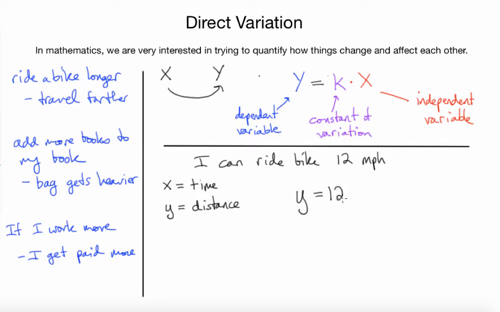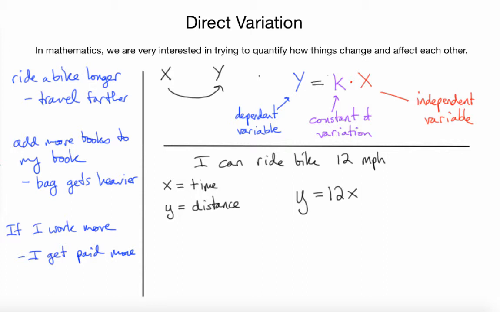There's my constant. I'm going at a constant rate of 12 miles an hour. I'm going to multiply that by however long I go on my bike ride. So there, we just wrote a direct variation equation for our bike ride based on how long I'm going to ride my bike and how far I'm going to go.